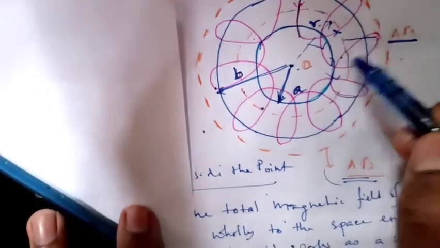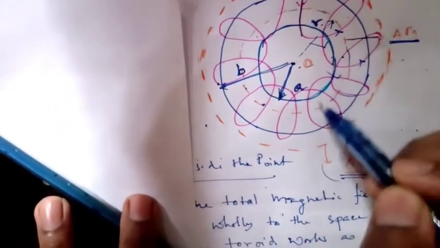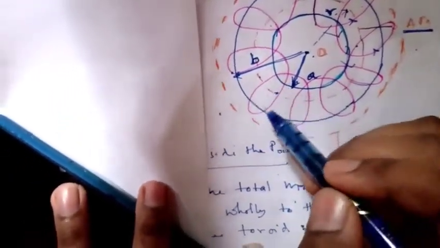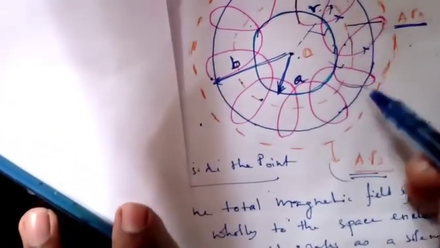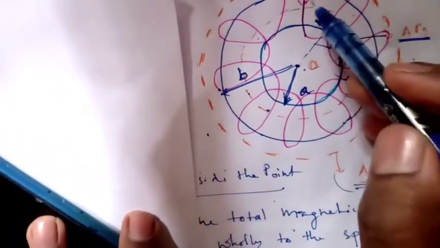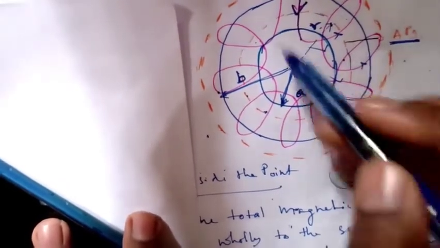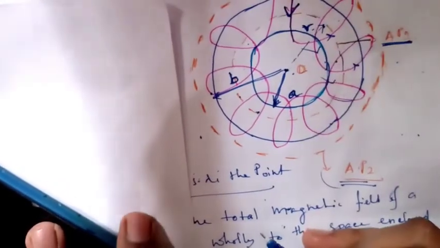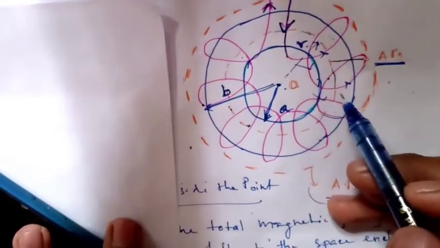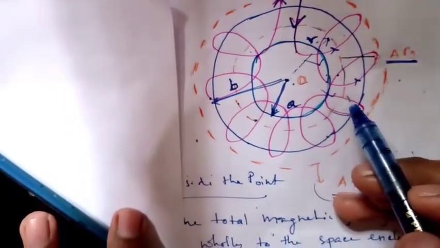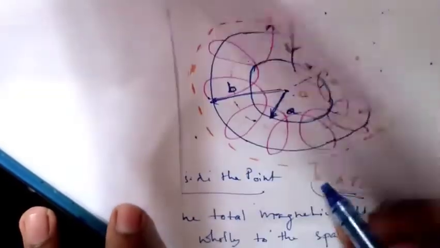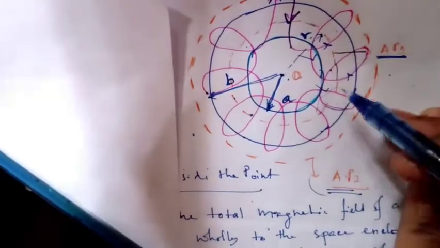There is a wire wound around it, with current flowing in in one direction and flowing out in this direction. For finding out the magnetic field, we choose 2 amperian paths, one at the outside and another on the inside.